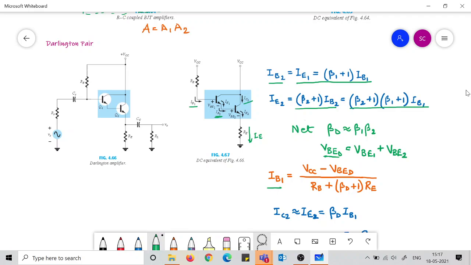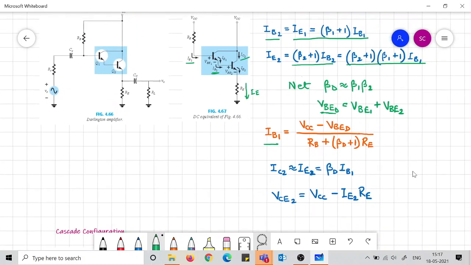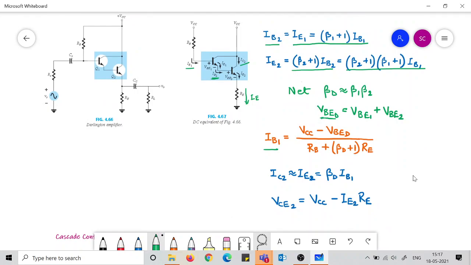Okay. So now some other facts: IC2 is almost equal to IE2, which is beta D IB1. And if you want to find VCE2, this is the output voltage we are concerned with. So VCE2 will be VCC minus IE2 RE.